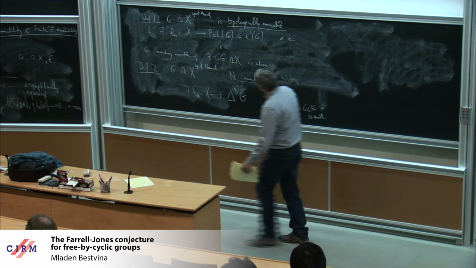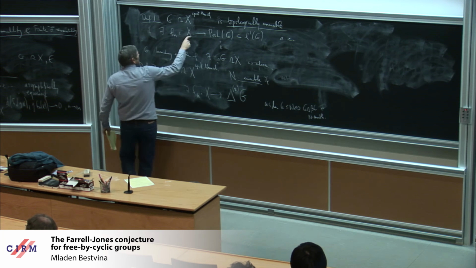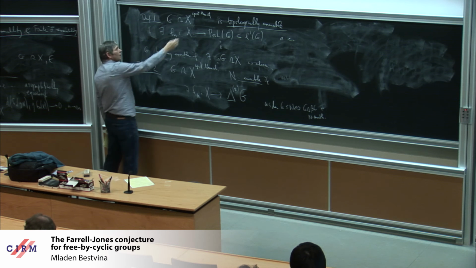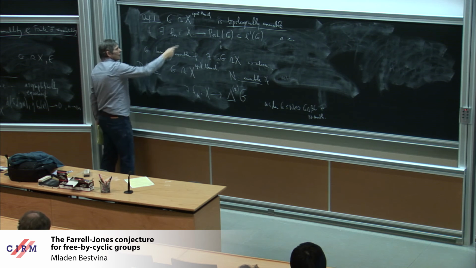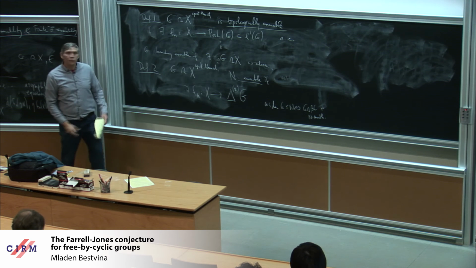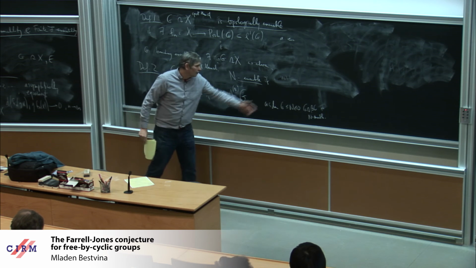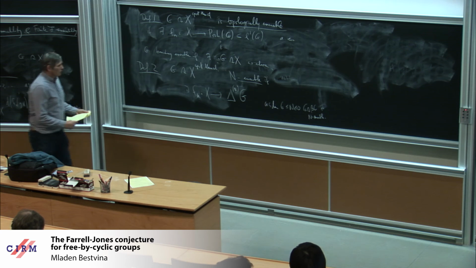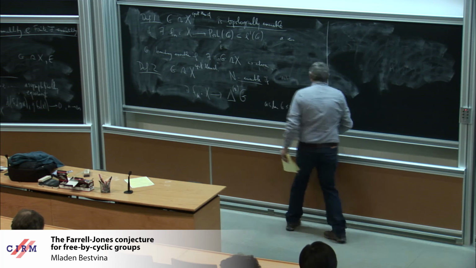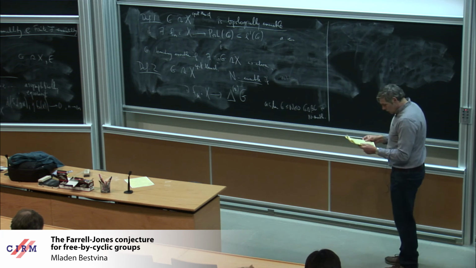If you have some X, you can think of X as being some compactification of the group by taking the closure of the orbit or something, and then the Stone-Čech compactification maps to it. So if you have some X, then you always have the Stone-Čech compactification.